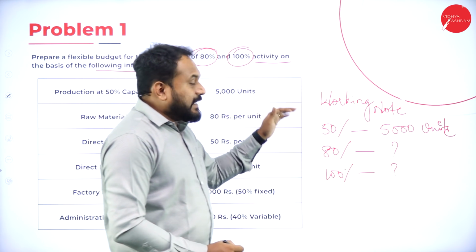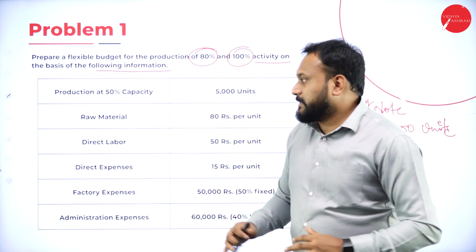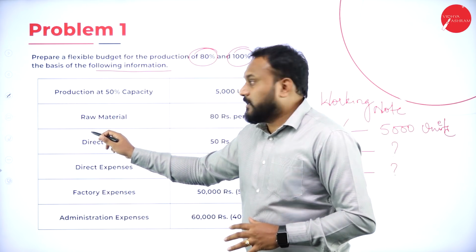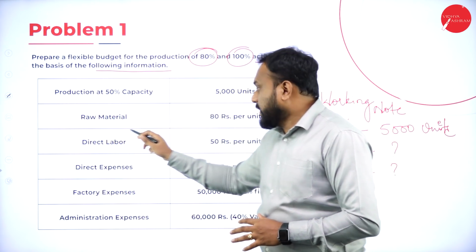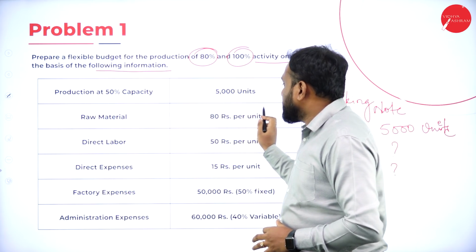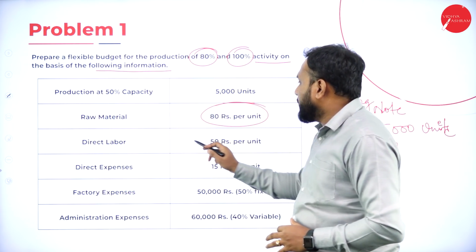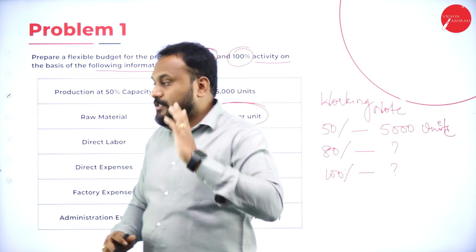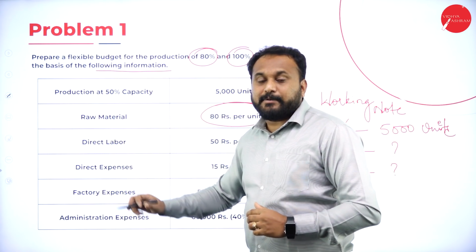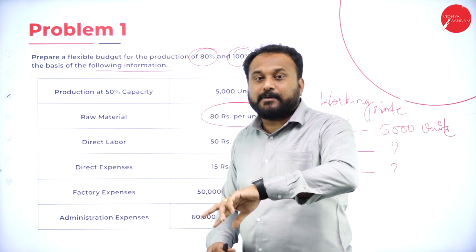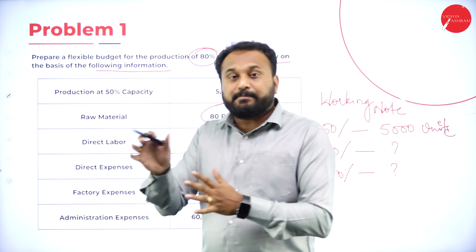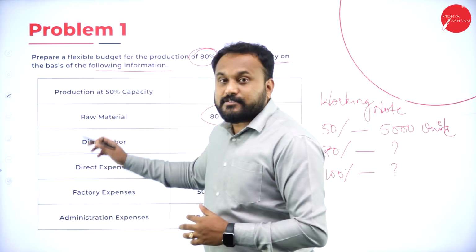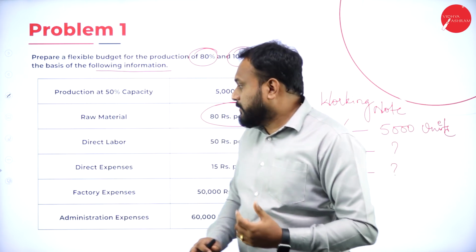Now, they have given the breakdown of cost. What is the breakdown? Raw material at 50% capacity is 80 rupees per unit. Understand the words per unit. For one unit, they are paying 80 rupees. Direct labor, you are supposed to go with 100% variable cost. Raw material is also 100% variable cost.